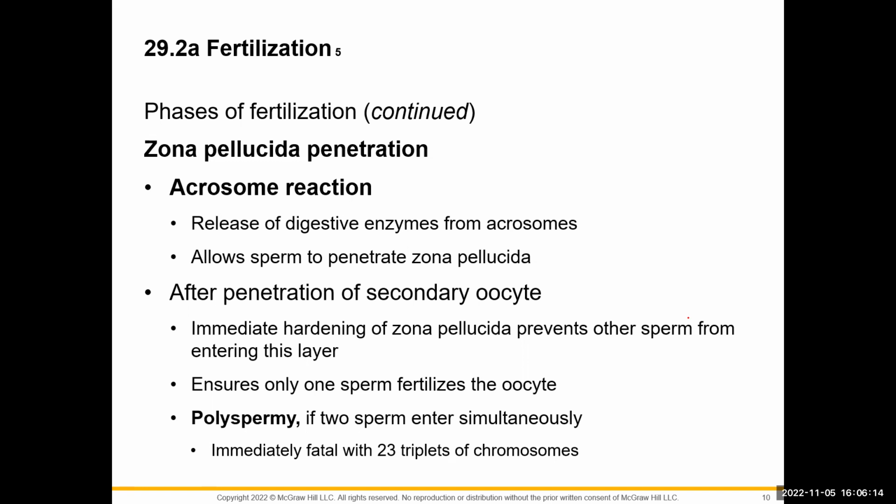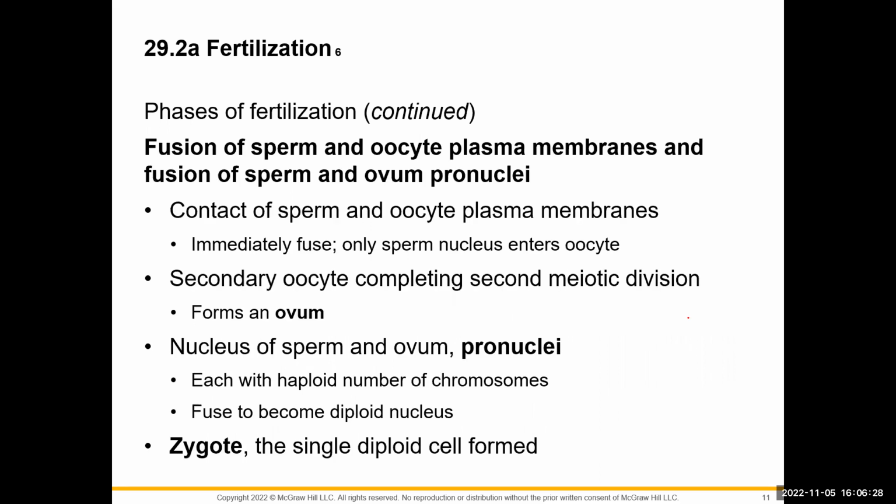Like I said, if you have several sperm that do that, we call that polyspermy, and this causes some genetic or chromosome abnormalities. And normally that causes the zygote to become inviable, and it ends up dying there. Interesting process here.